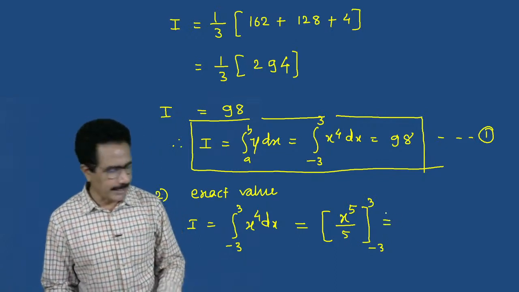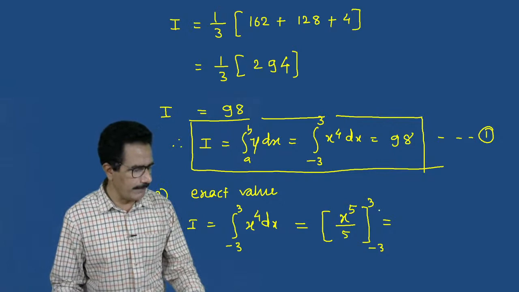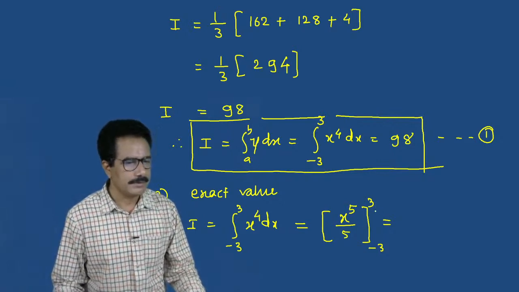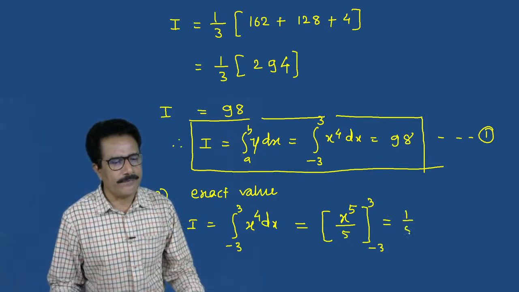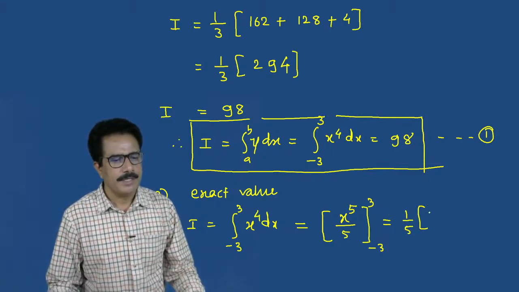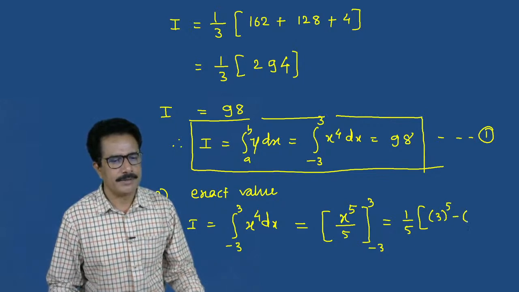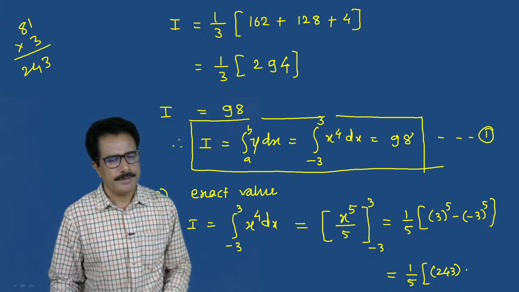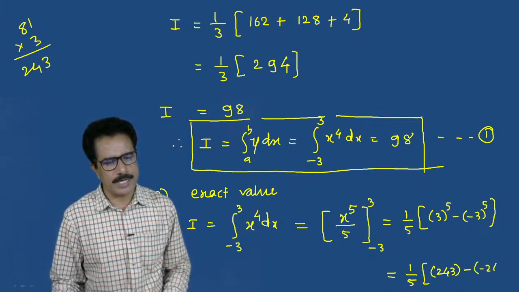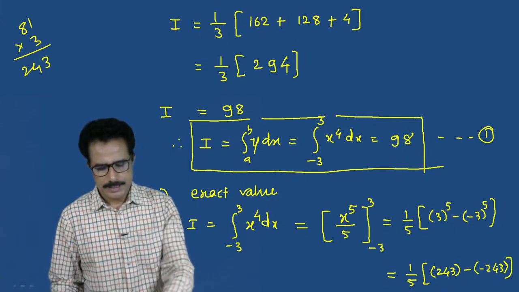Is it okay? बरोबर आहे का रे स्टुडंट. x raised to 5 divided by 5, -3 to 3. So put 1/5 as it is, 3 raised to 5 minus, minus 3 raised to 5. So put this way, minus 243. काय येतं ॲडिशन पहा.